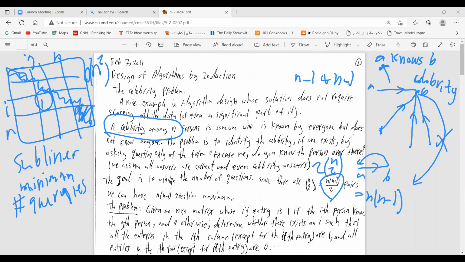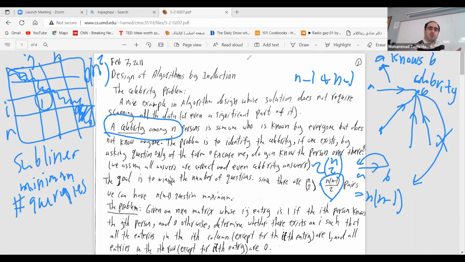Isn't it at most 1? Yeah, at most 1. You cannot have 2, because just consider these 2 people as celebrities. If one of them knows the other one, then that person is not a celebrity.